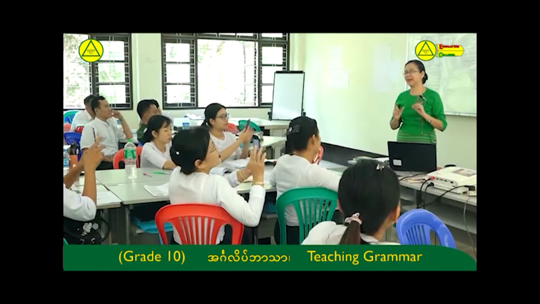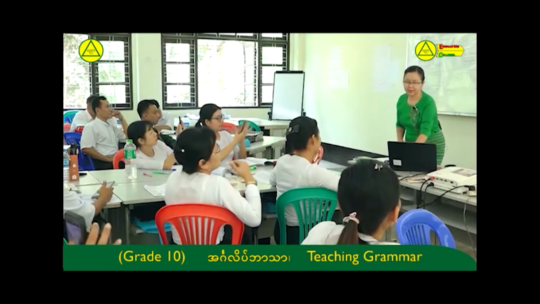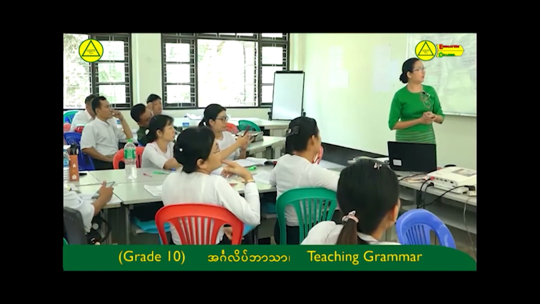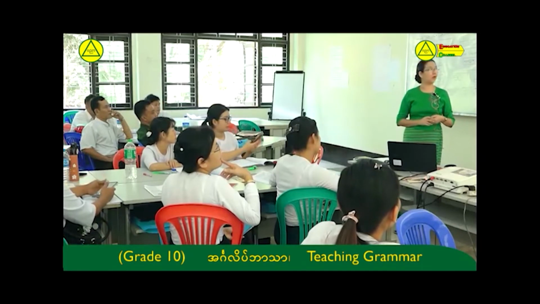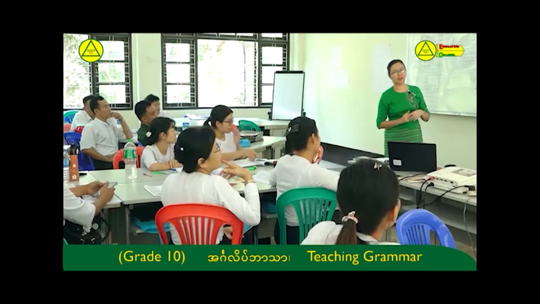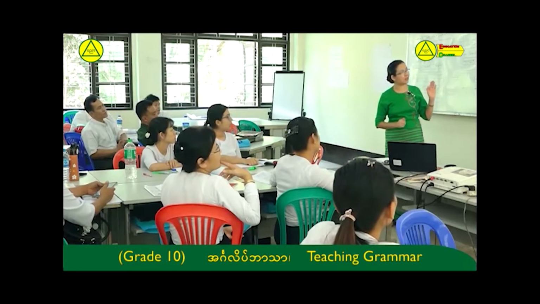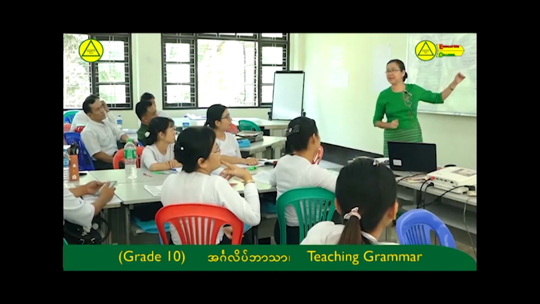Sometimes we use unless in the place of if. Okay. Here, let's look at an example. For example, if I study hard, I will pass the exam. Which clause is the if clause? If I study hard. The main clause is I will pass the exam. The condition is if I study hard.